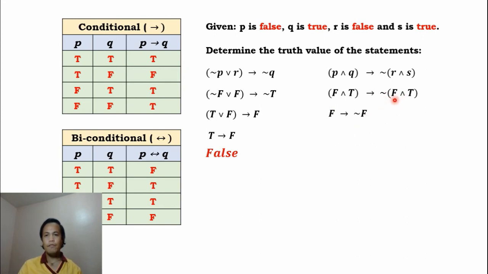The same, false and true is false. But because of this symbol negation, we can write this one as, since the negation of false is true, we copy the false. So this becomes false implies true, which is under the third row. False implies true, the whole statement must be true.